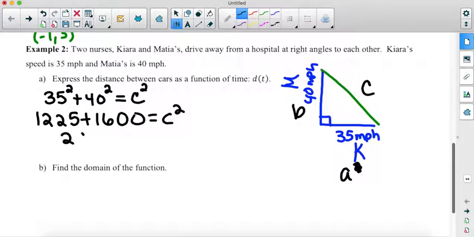Add those together and we get 2825 equals c squared. Square root that value, and it's about 53.15.